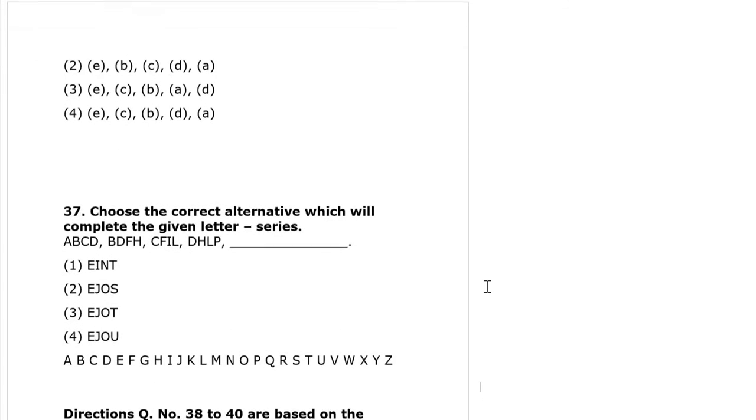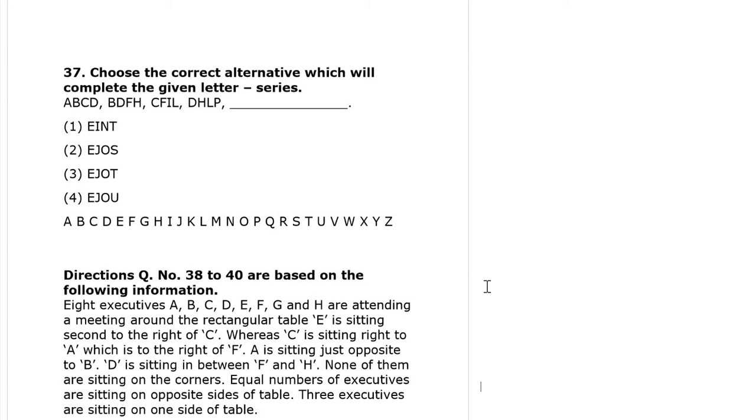Choose the correct alternatives. Okay, this one we have done so many questions. Here it is A, B, C, D. Next B, D, F, C, F, D, H, L, P. Like that we need to find. Okay, first letter is A, B, C, D. Next one is E. Second one is B. One letter leave.